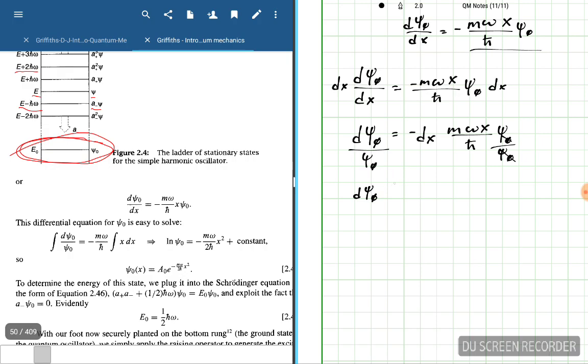So basically what I have is all my psi naughts on one side, because I have the change in psi naught, and I'm comparing my change in psi naught to my change in x. And because Leibniz notation is very nice and handy, I was able to symbolically do that with the same algebra rules that I've always used.